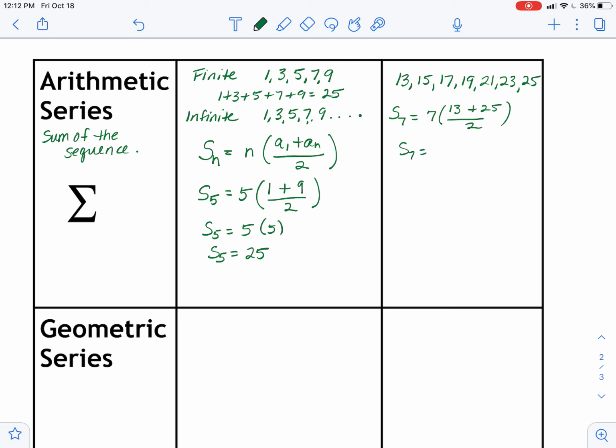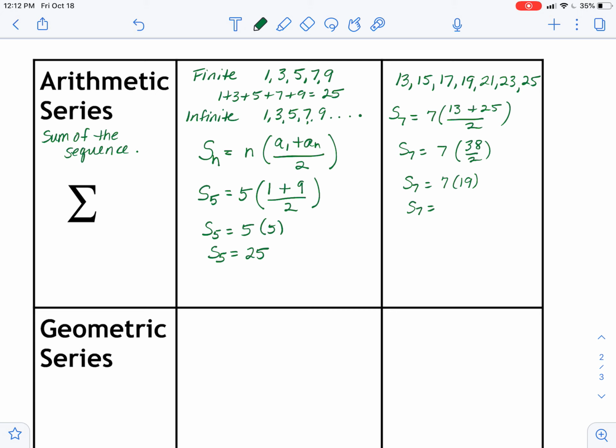And then again, I'm going to run order of operations. So 25 plus 13 would be 38. Divided by 2 would be 19. And then 7 times 19 is 133.